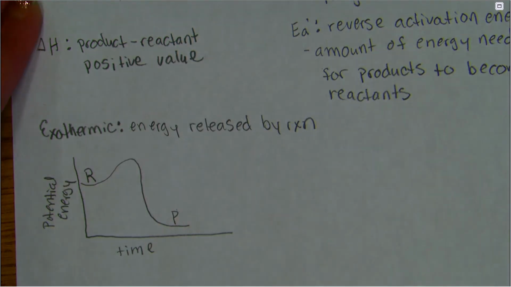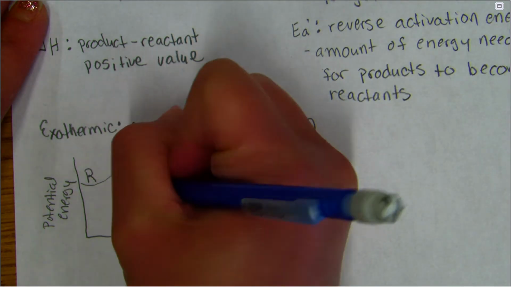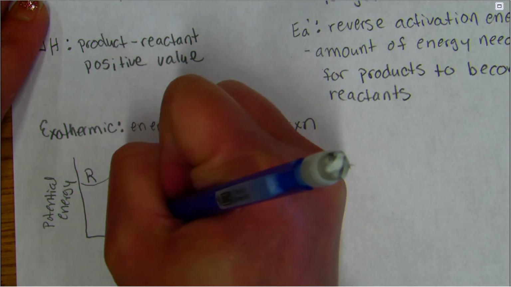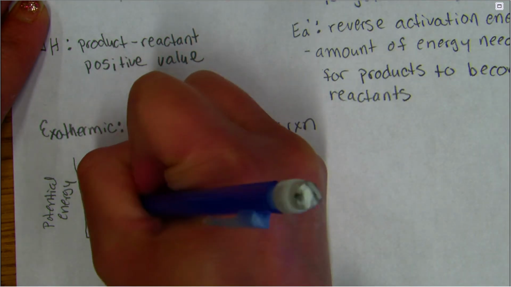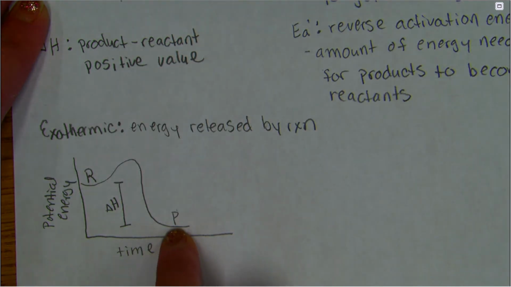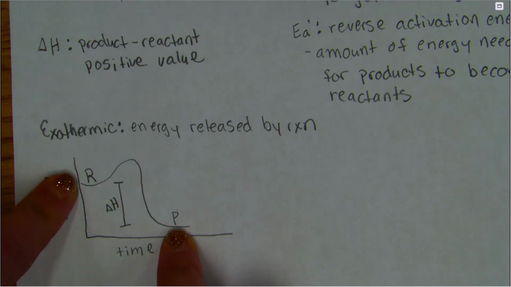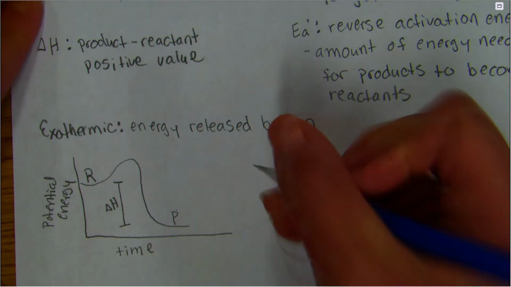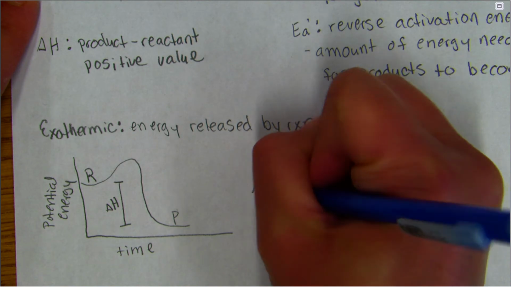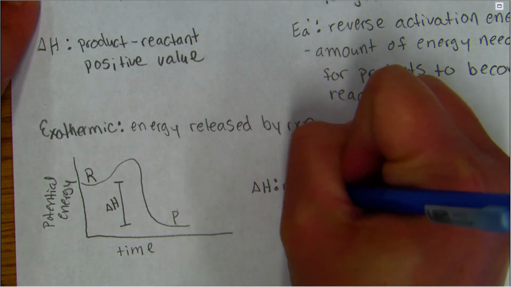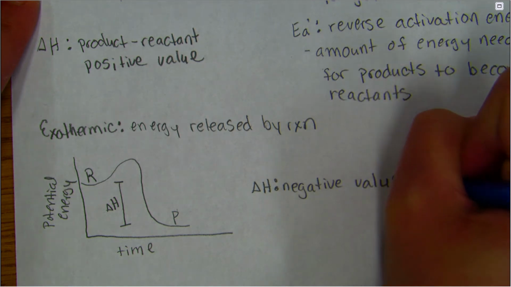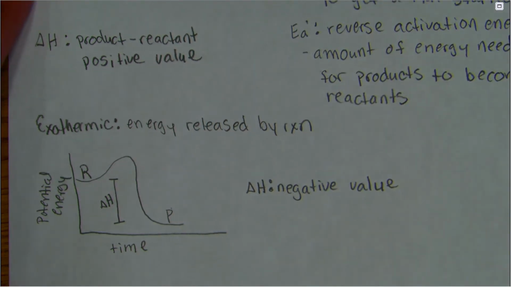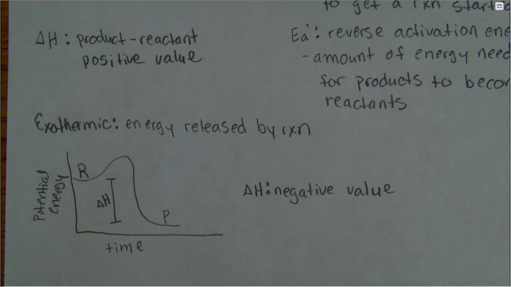So if we wanted to find our delta H, this is the change in heat during the reaction. A smaller value for products minus a larger value for reactants is going to give me an overall delta H with a negative value. And once again, positive and negative in chemistry do not give us magnitude. They tell us if something is absorbed or released.